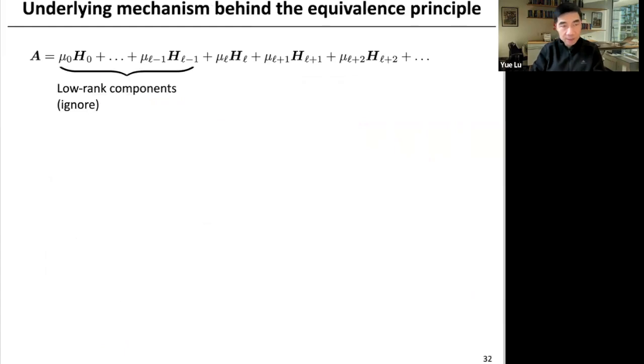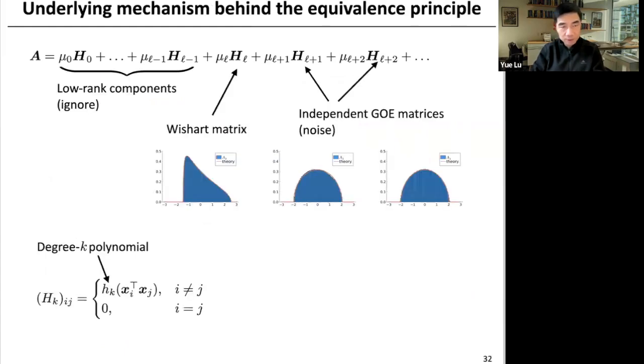And the underlying mechanism for this equivalence principle is the following. If you look at any Hermite matrix, you are just applying a polynomial to a matrix entry, and each matrix entry can be written as a linear inner product of two vectors. But because h of k is a polynomial, you can open up this inner product and rewrite it as an inner product of featurized versions of these original vectors.